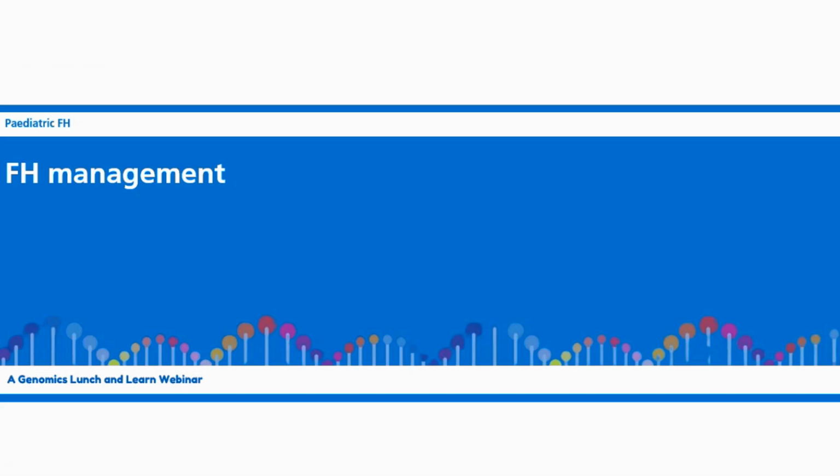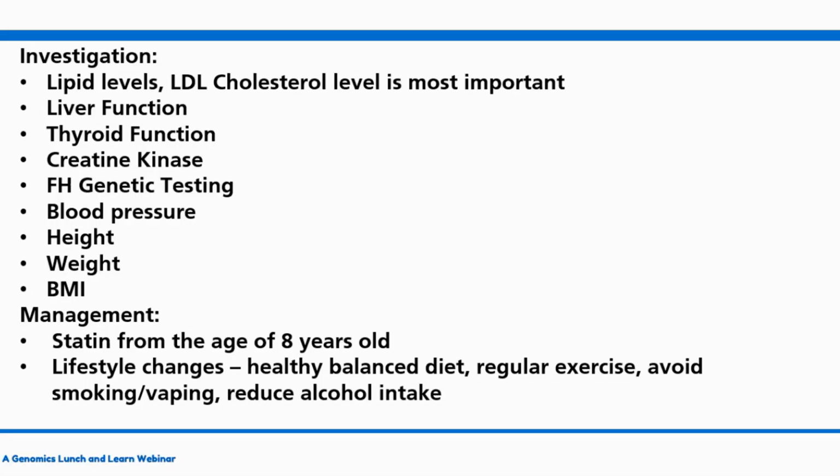Moving on to the management of FH. FH genetic testing is completed for children who have hypercholesterolemia, so specifically raised LDL cholesterol levels, where there's also a family history of hypercholesterolemia or early cardiovascular disease. So a child will then meet the criteria for FH genetic testing in those situations.